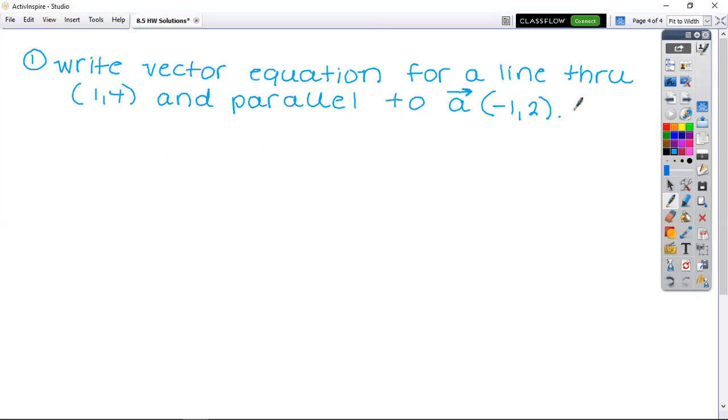Okay, very, very easy. You're going to look at your formula sheet just so that you are comfortable referring back to that. And the vector form of the line is (x minus x1, y minus y1) equal to t multiplied by (a sub 1, a sub 2).